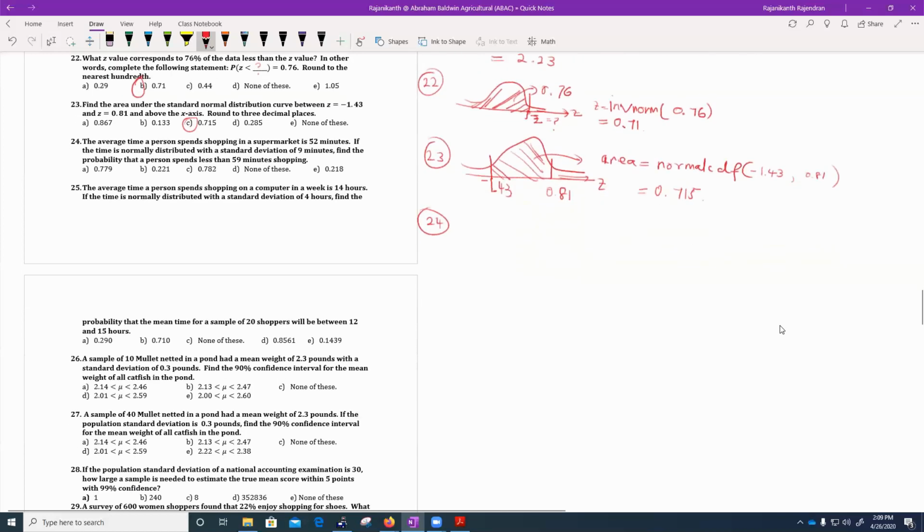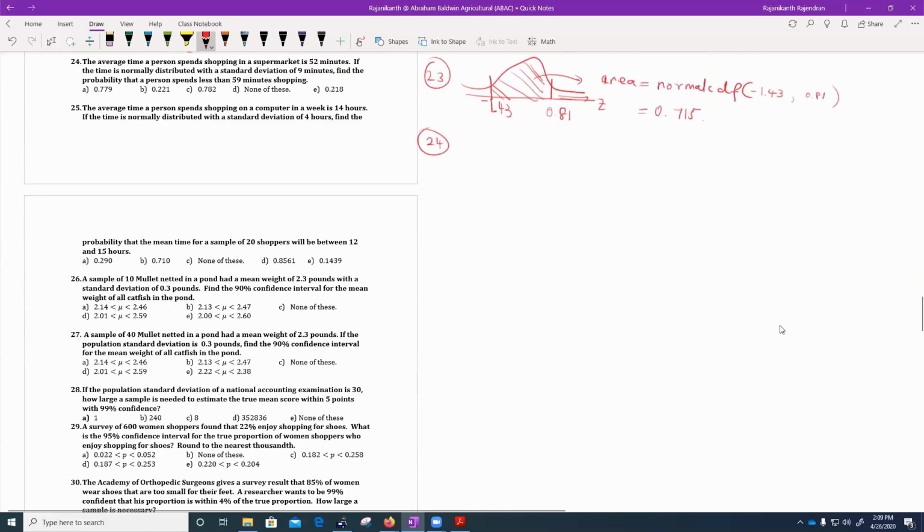Problem number 24. The average time a person spends shopping in a supermarket is 52. If the time is normally distributed with standard deviation 9, find the probability that a person spends less than 59 minutes for shopping. That means here they are asking us to find the probability that the variable is less than 59.